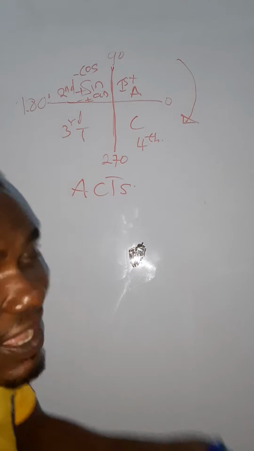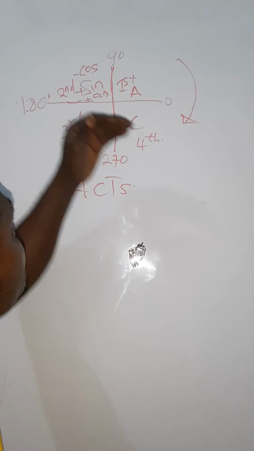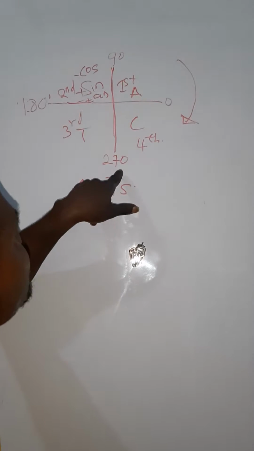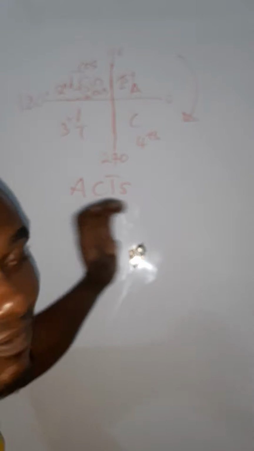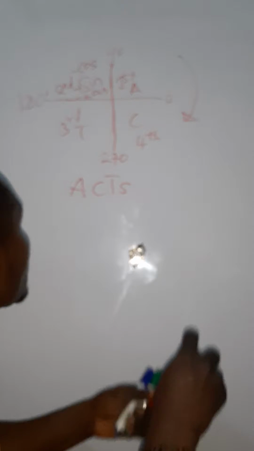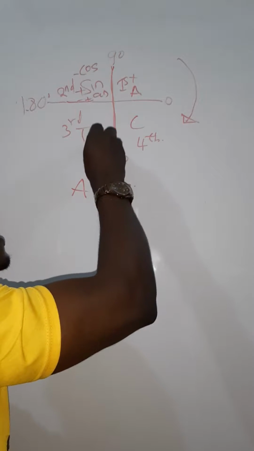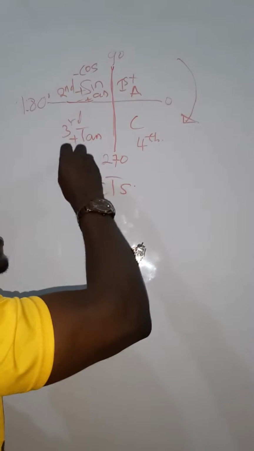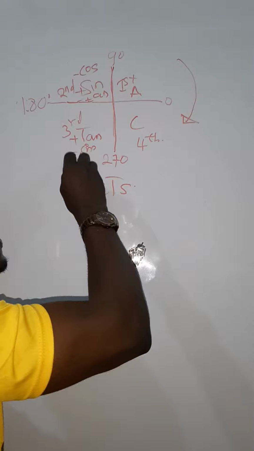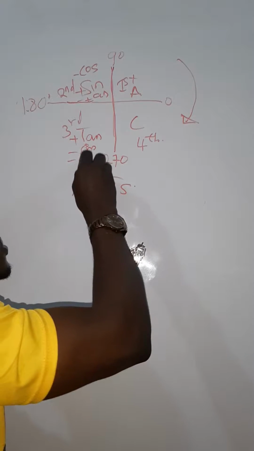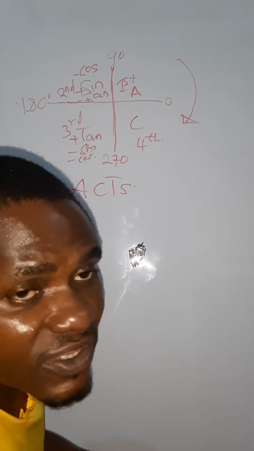Now, if you have any number between 181 to 270, when you press the tan of that angle, you will be having positive. So it is only tan that is positive here. Any other one, either sine, it is negative, or cosine, it is negative. So that is what you'll be having there.